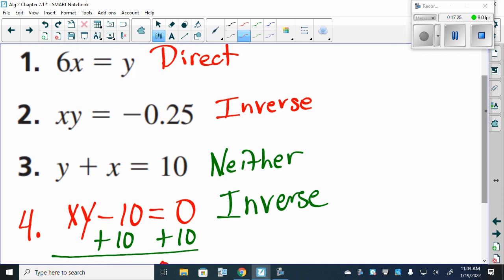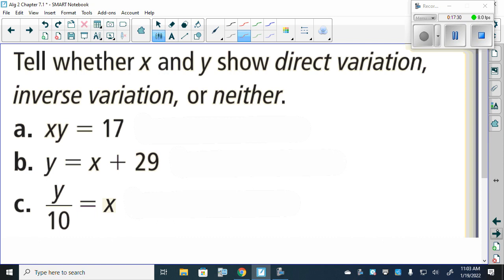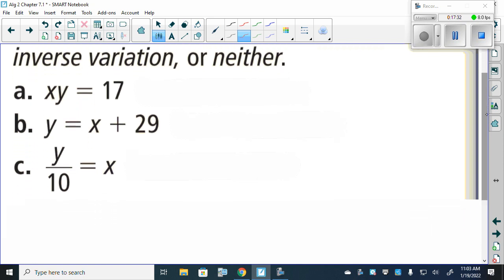Any other questions on these here? We'll finish up this part with these last 3, and then we'll move on to the next ones. So the first one would be inverse. The next one would be neither.